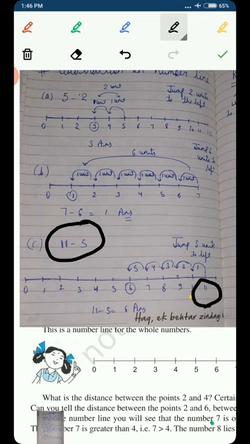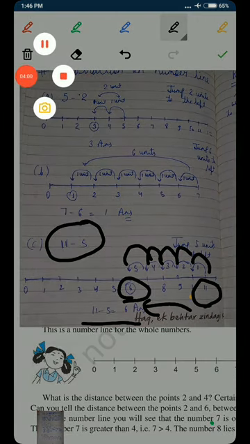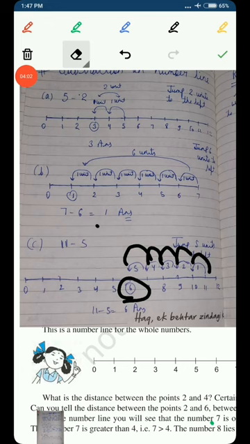From here we will start, and to the left side of 11 we will jump 5 times, 5 units distance. 1, 2, 3, 4, 5. And after 5 jumps with the unit distance we reached at the number 6. It means 11 minus 5 is equal to 6. And this is the way to show the subtraction. So that's how we do subtraction on the number line.